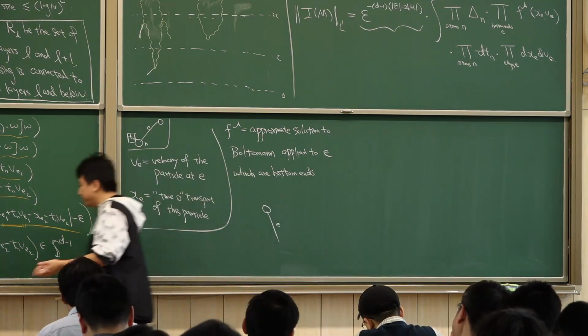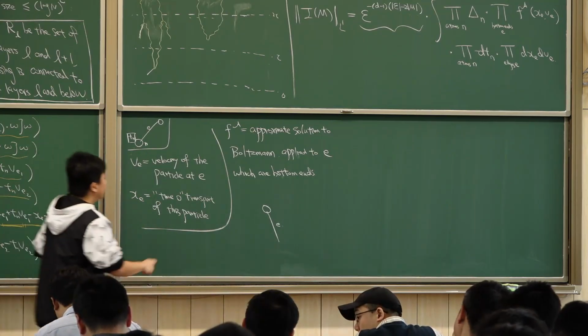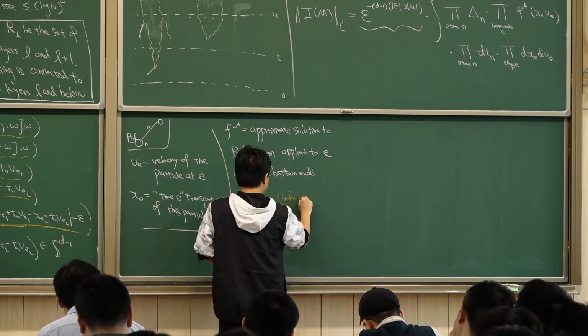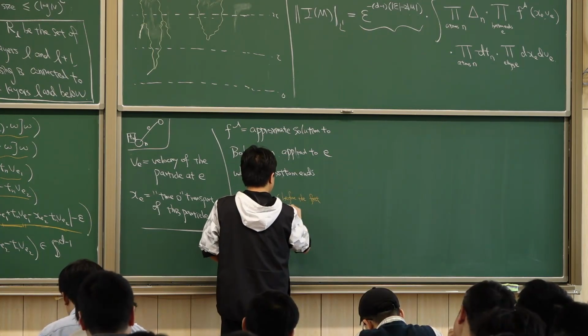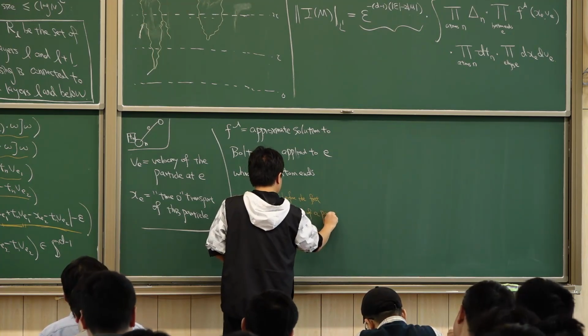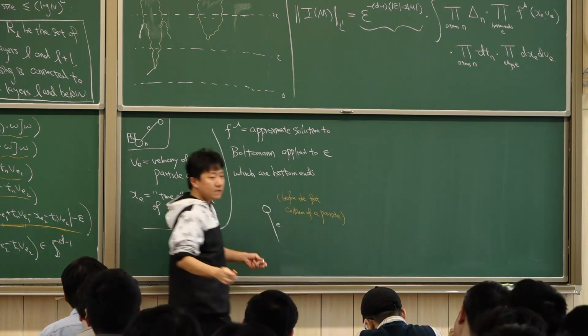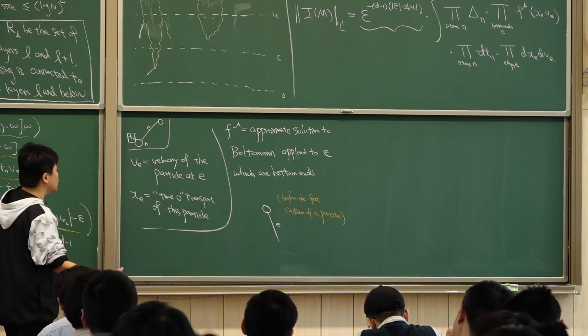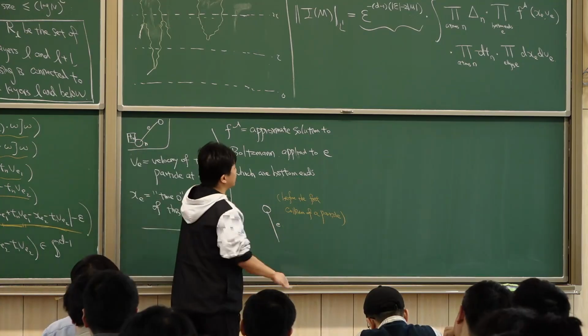So this is before the first collision of a particle. In other words, this is the first time where this particle enters the whole picture, and it has no history, and this is the starting point of its history.